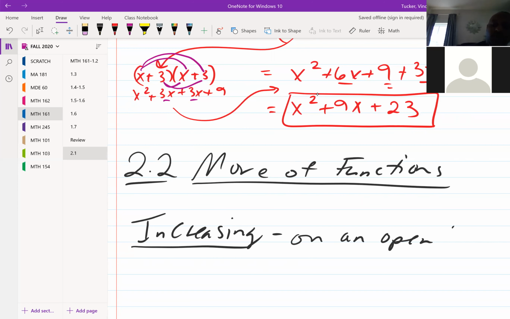I want to say, as x value increases. Yeah, I can get there.